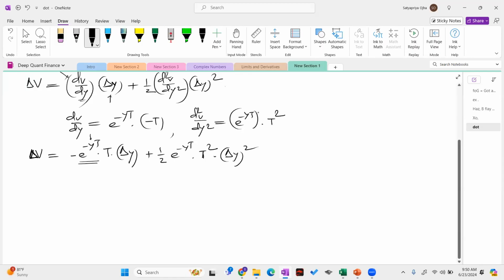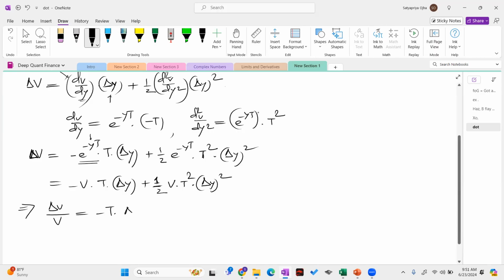So it is minus v t delta y plus half v t square delta y square. I can take v to the other side, which gives me delta v by v is equal to minus t delta y plus half t square delta y square.